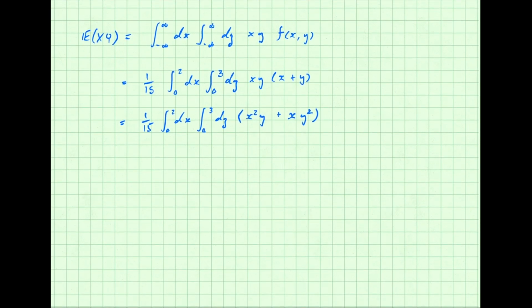Now I'll do the y integral. The x squared is treated just as a constant, going from 0 to 3. So this is x squared, nothing happens to that, and we get 1/2 times 3 squared, so that's 1/2 times 9. I just want to leave it there so you can see how it came about.